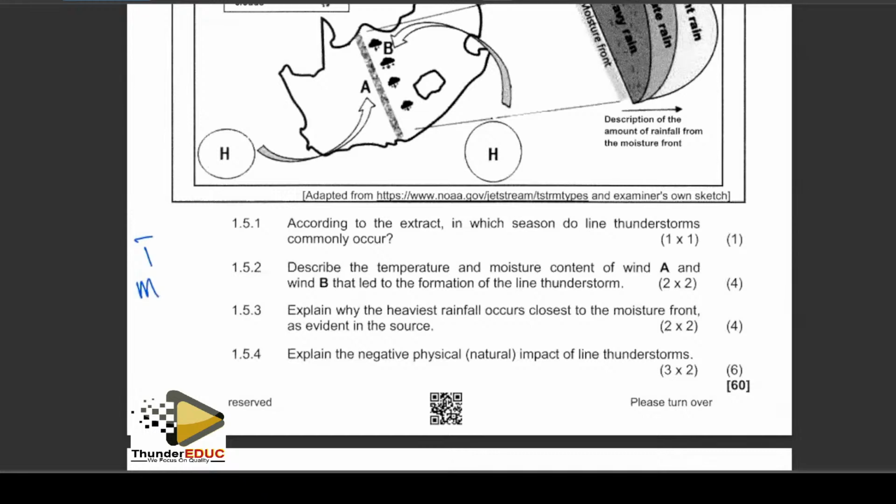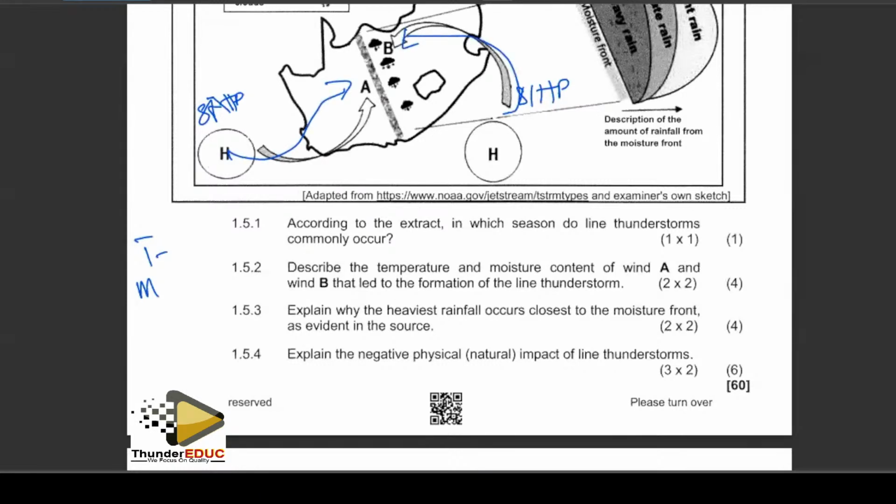So, in terms of temperature, an air can be cold or warm. That is temperature. So, if we check the air which is coming from A, it is coming from the South Atlantic. This is the South Atlantic high pressure. And this is the South Indian high pressure. And their anticyclonic circulations are going to feed air to the interior.